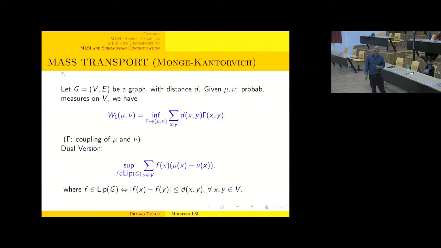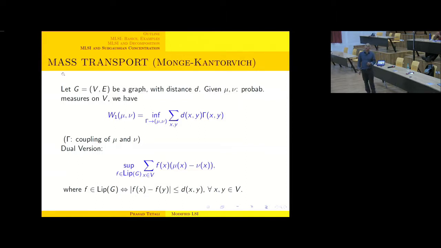W1 is for Wasserstein, although my Russian colleagues correct me and say it should be Kantorovich, but this W is stuck. The 1 is because it's an L1 type thing. The infimum is over all couplings, joint distributions with marginals mu and nu, of the expected distance. You have a metric space that tells you the distance between x and y, and then gamma is the amount of mass you're taking from x to y.